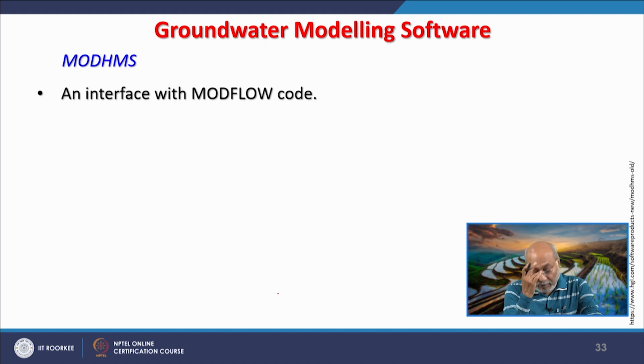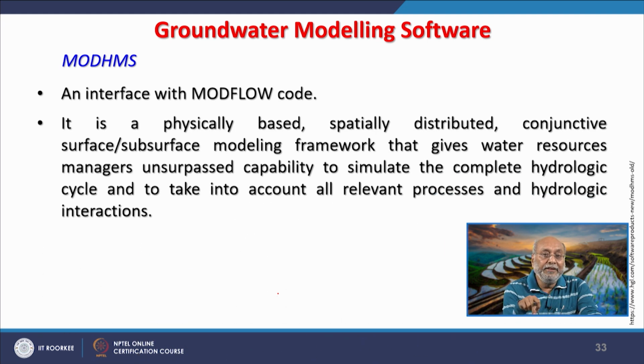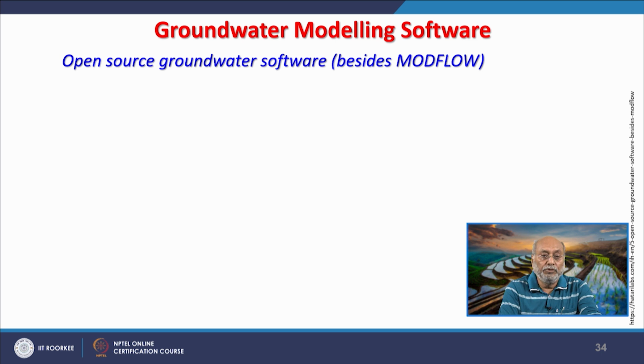MODFLOW is the basic software, and along with many models you are seeing that this is an interface. It can interact very easily, and data from one model to another, or from one extension to the main model, can work very easily. Again, this is physically based, spatially distributed, conjunctive, with subsurface water and other components which can be used.